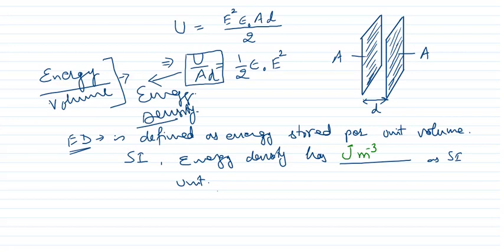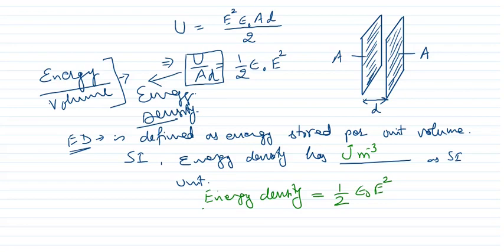So the expression for the energy density is this one. Energy density is equal to 1 by 2 epsilon naught E square.